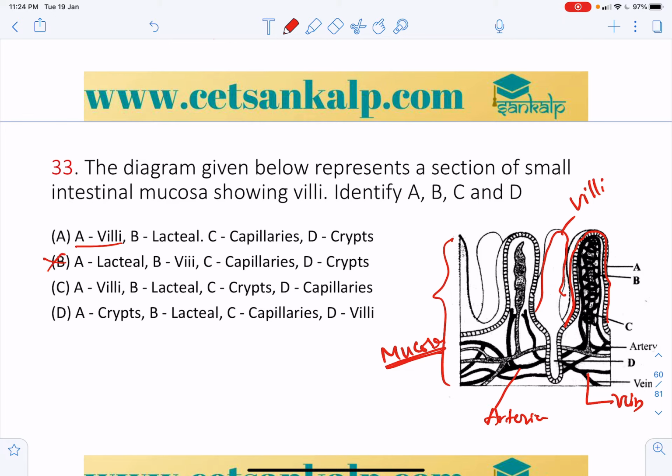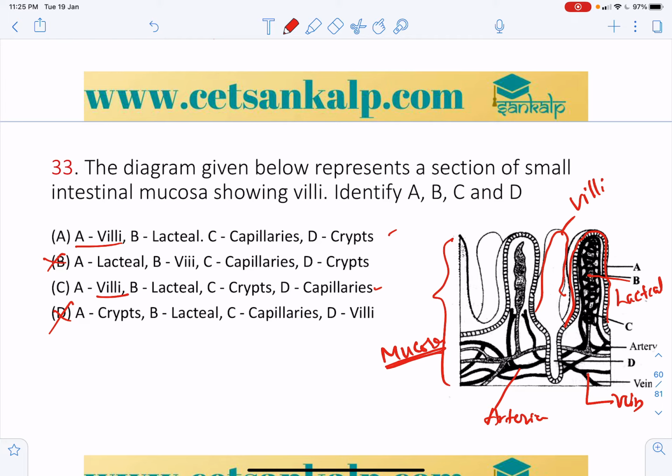In the C option we can have villi and D. So let us take from A and C. So villi, and then internally these structures. B, which is labeled, shows lacteals, the lymphatic vessels of the villi.